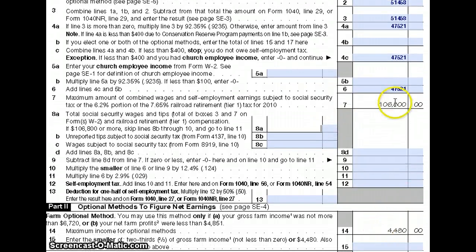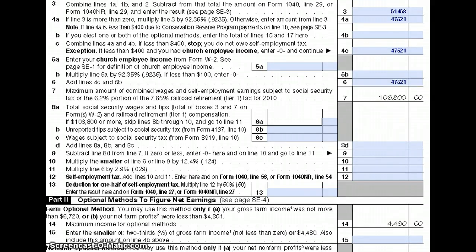Notice here we have 106.8, which is our maximum for the tax year 2010. That's the form I have right now. Then total Social Security wages and tips: in our case, it's 70,000. We carry that amount down.